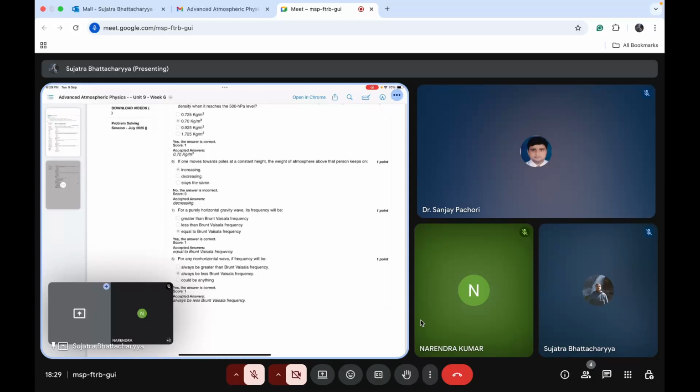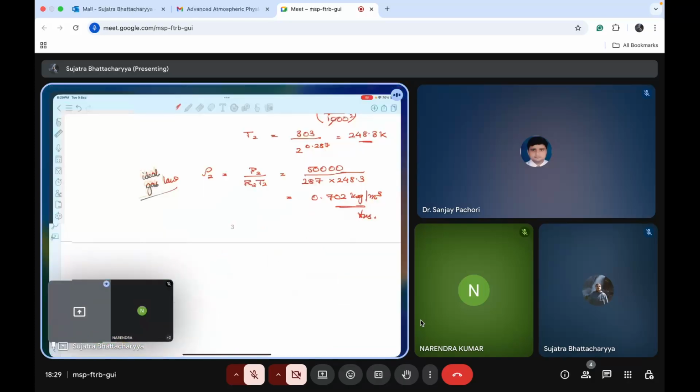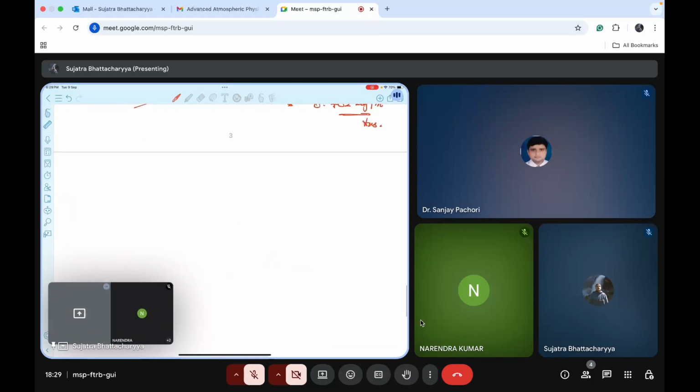So how will you do that? One of the ways I have thought, there can be many ways, I don't know, but this can be one of the possible things. For the pressure coordinate, we have our hydrostatic equation, delta phi by delta p is equal to minus RT by P. This is what we generally have.